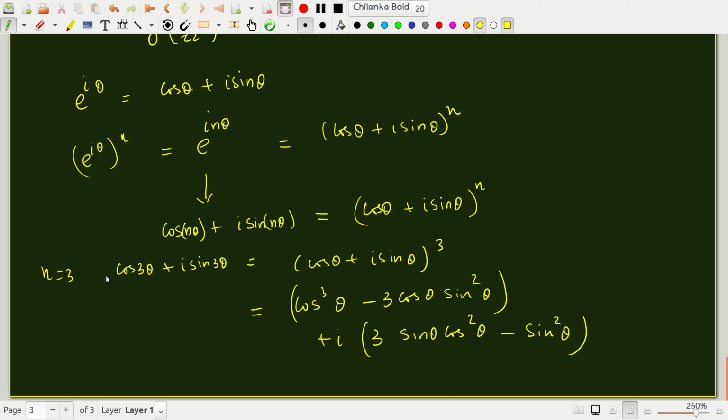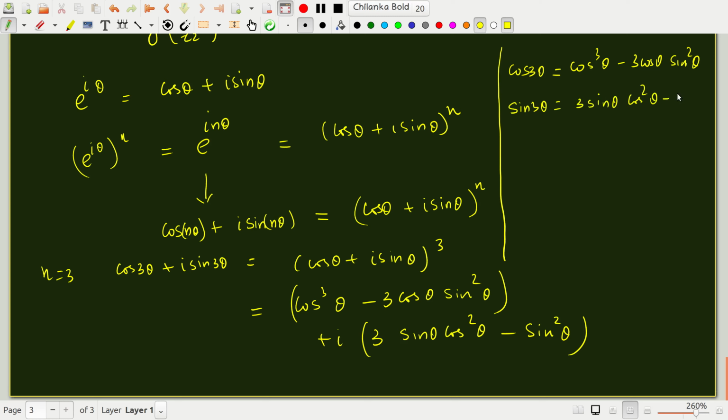Whenever you have two expressions on the left and right side, you can equate the real part and the imaginary part separately, right? Let me just continue here. If I equate the real part, I'll get cos 3 theta is cos cube theta minus 3 cos theta sin squared theta, and then if I equate the imaginary parts, I get sin 3 theta is 3 sin theta cos squared theta minus sin cubed theta.